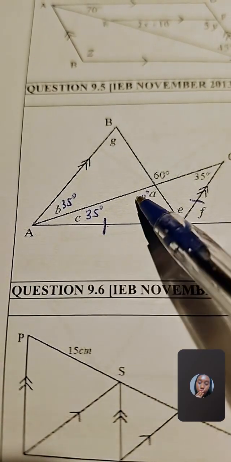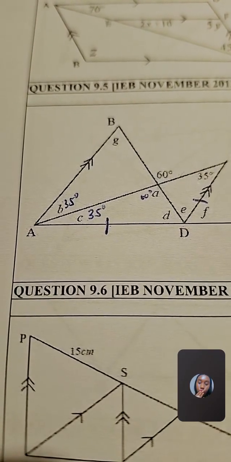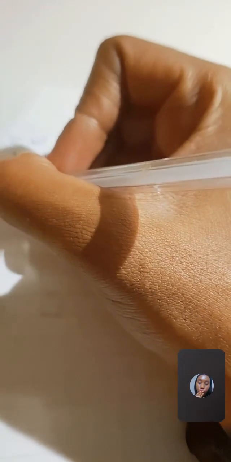So yes, 35 plus 60 plus D should give us 180. The reason is sum of angles in a triangle. We must write the appropriate reason, and we can solve for D. You are allowed, though, to say D is equal to 85 degrees and just write the reason sum of angles in a triangle without showing the working. That's allowed, but I'm not going to do that.